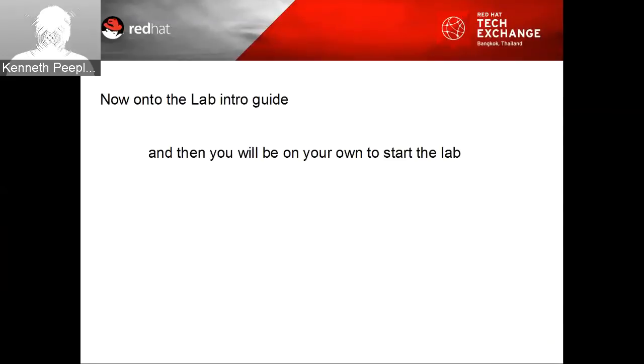But we're going to spend a little time going through the lab introduction guide. That just describes the layout of the lab with the guides and some of the gotchas that you'll run into. And then you can get started with the lab.